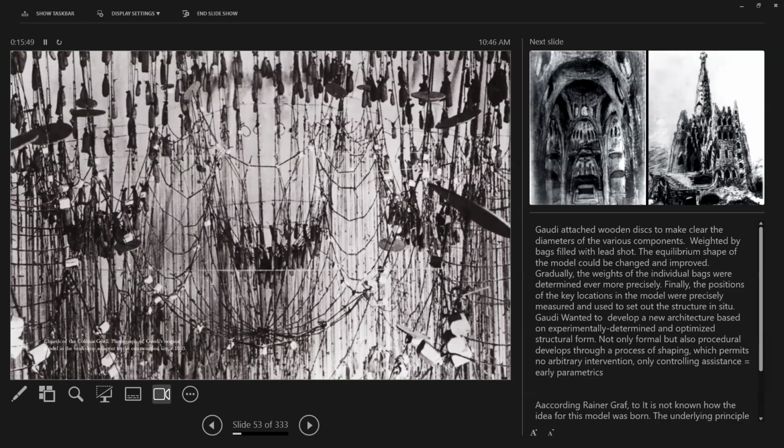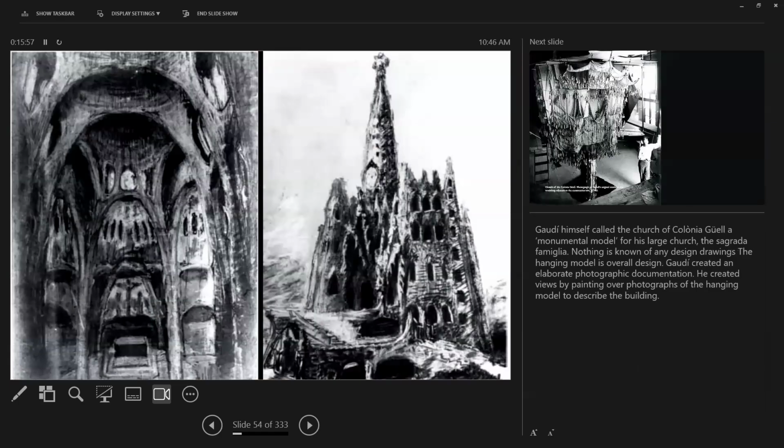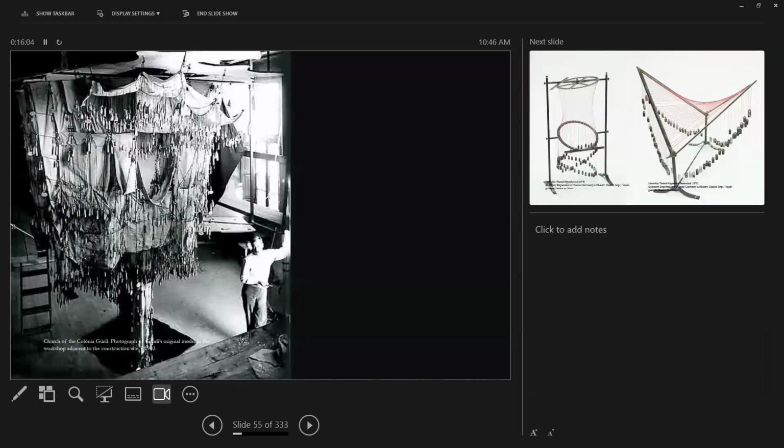And then they would measure it for the actual building. And there were no construction drawings. Apparently, he would just take pictures of the model and draw over them in order to describe the perspectives of the building. Like this.